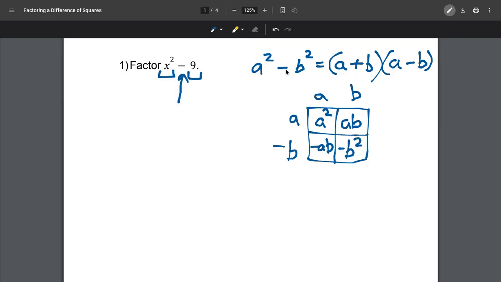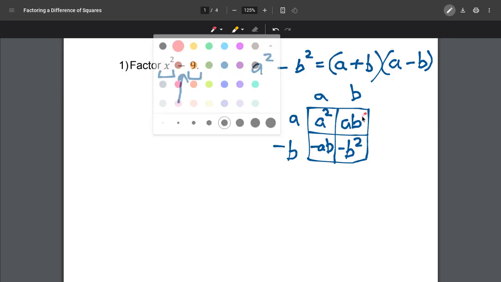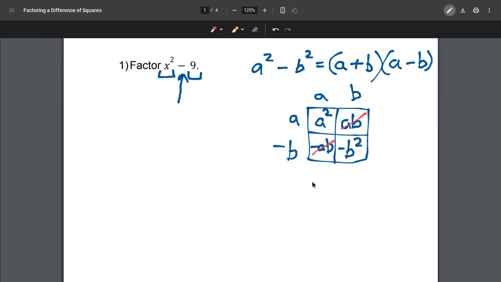And what happens is the positive ab and the negative ab add to 0, so they essentially cancel out, so you're just left with a squared minus b squared. So that's why that works.